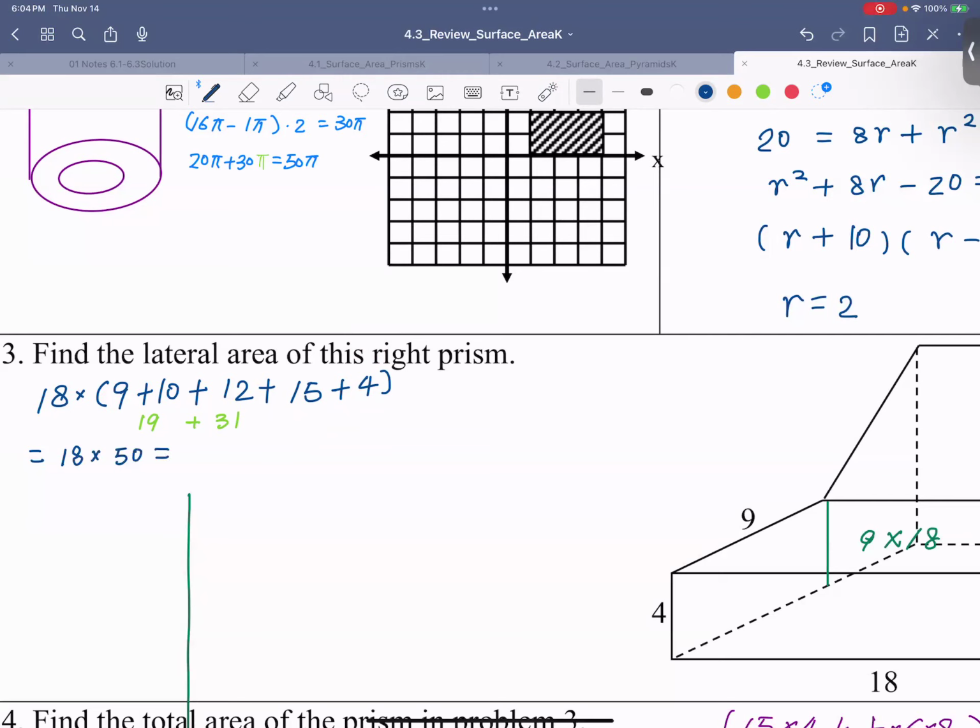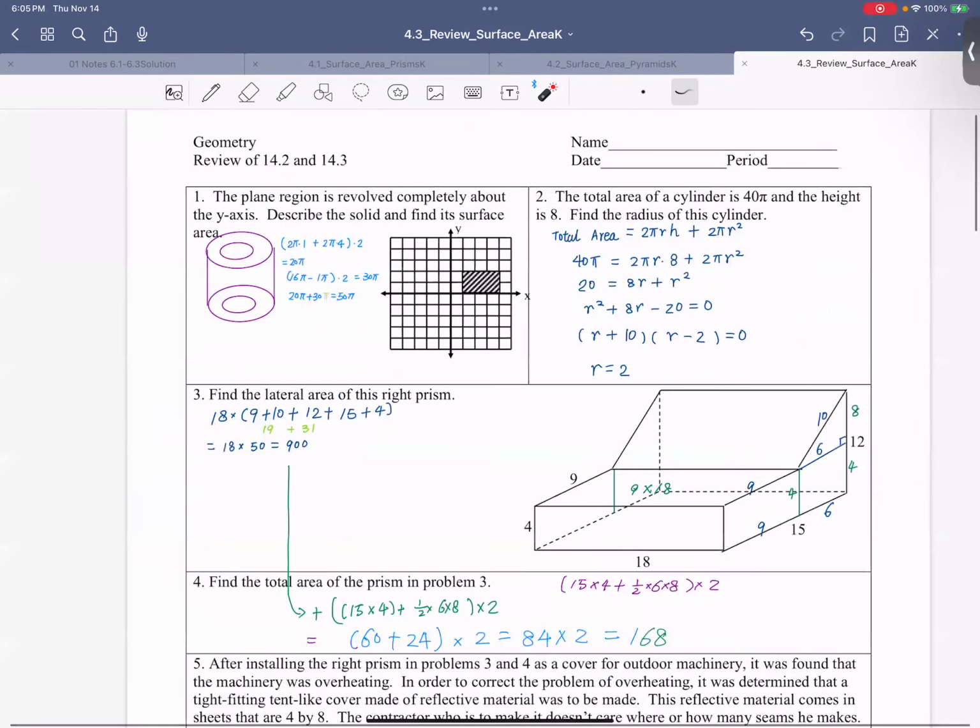This becomes 900. You can do this: I'm going to times 100 and divide by 2, because 100 over 2 is 50. So this is 900. Okay. So that's number 3.